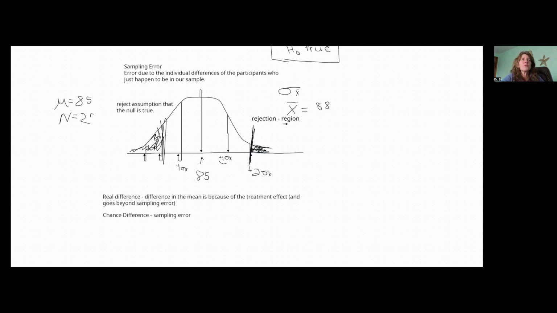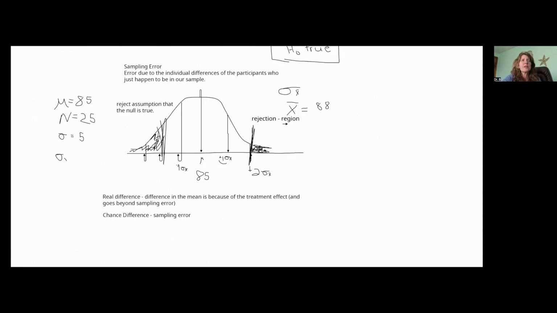So our sampling distribution was done with n equals 25, and this sample has 25 people in it. It's all good. We know that the sigma in this case is 5. Okay.